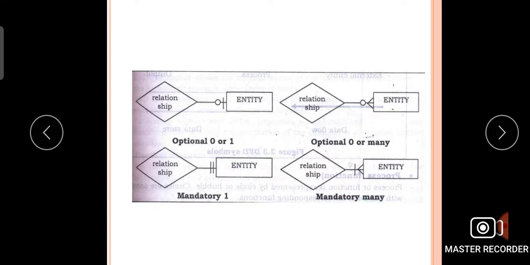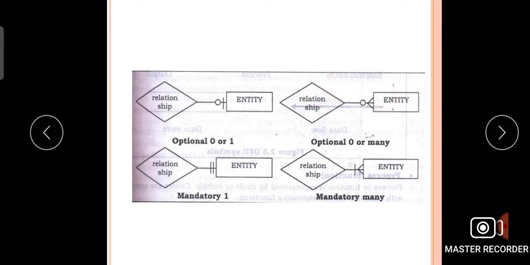Whenever we use modality 0 or 1, we use this type of symbol, and whenever we use optional 0 or many, we use this other type of symbol.